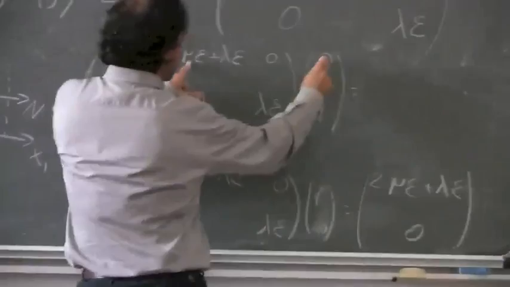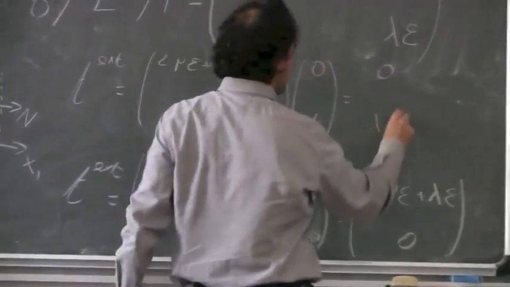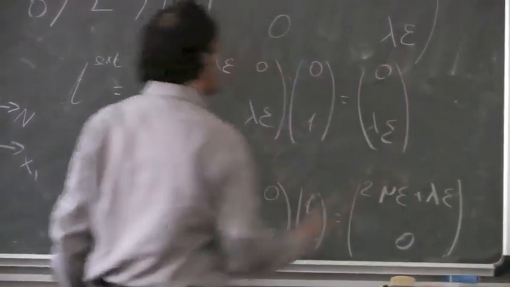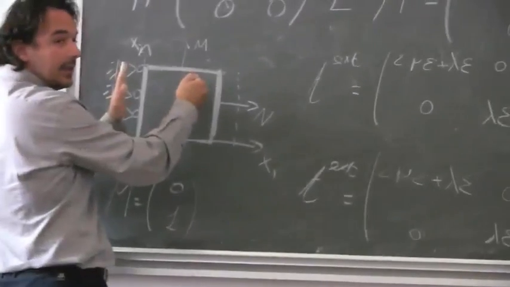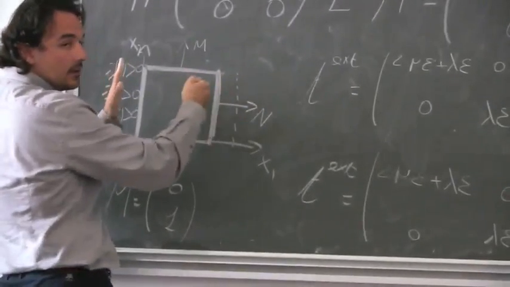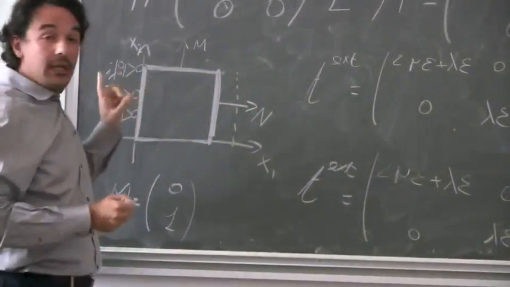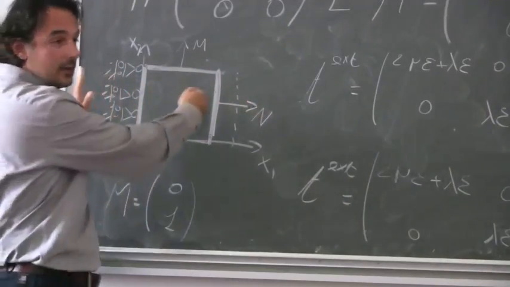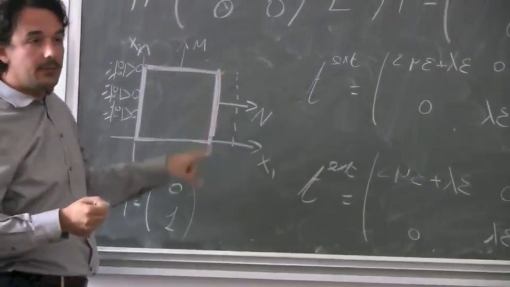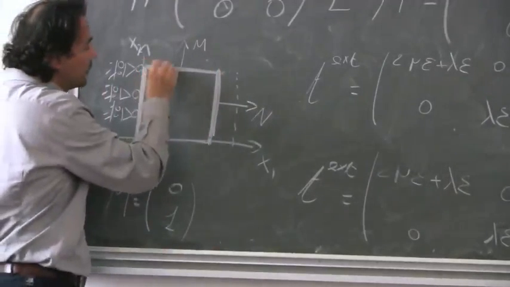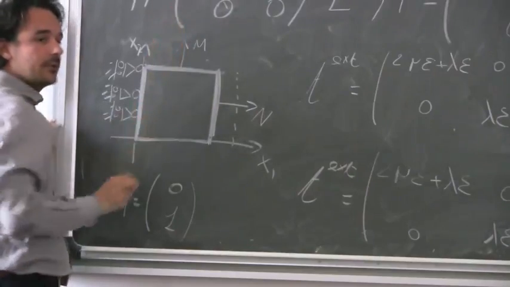That is 0, 0, 0, lambda epsilon. What does it mean? It means that in order to elongate this square, only elongate this square, I need not only a force in this side, but also a force in this side. In which direction? In the orthogonal direction.